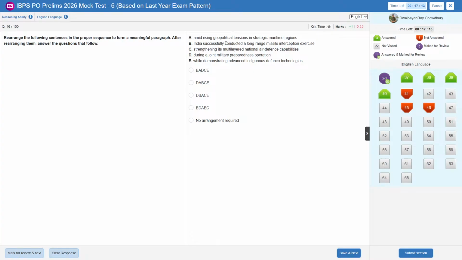Amid rising geopolitical tensions in strategic maritime regions, India successfully conducted a long-range missile interception exercise. So BA to start with.